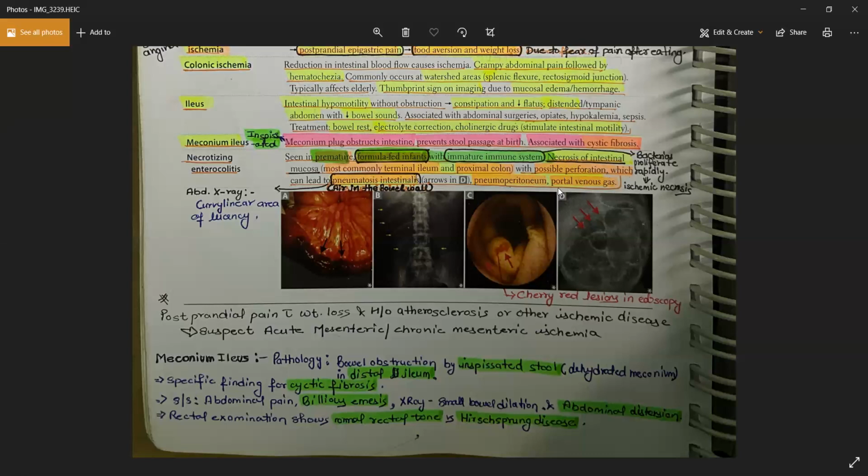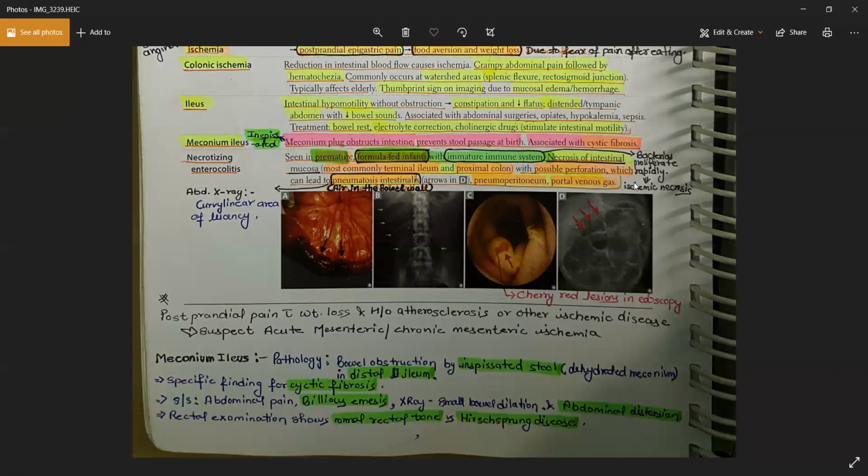So it would be an ischemic necrosis because of the bacterial overgrowth. Why? Because the immune system is immature, because the patient is born prematurely, so they have a very weak immune system. They will have a hyperproliferation of bacteria that can cause necrosis of the wall of the intestine. You can have air in the bowel wall, air in the peritoneum, and air in the venous system.